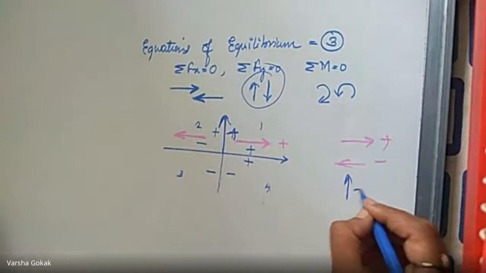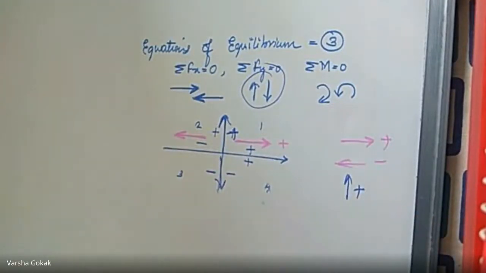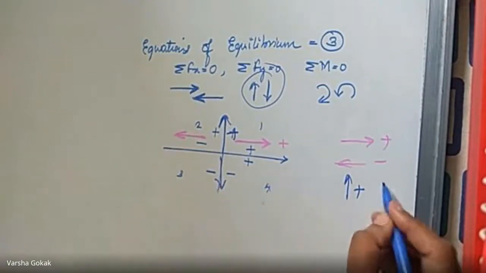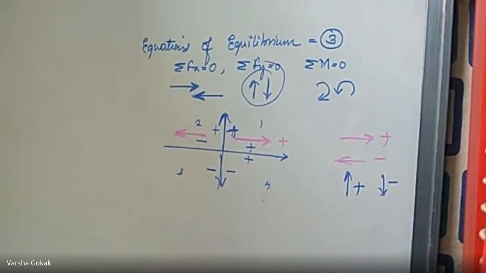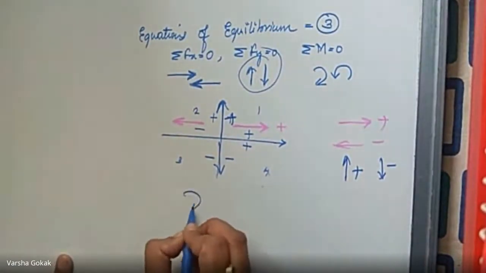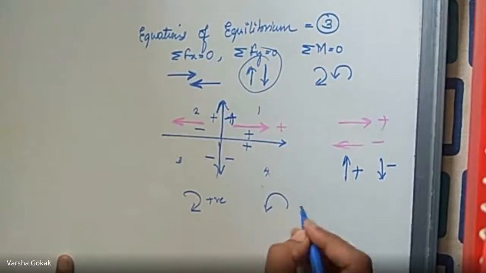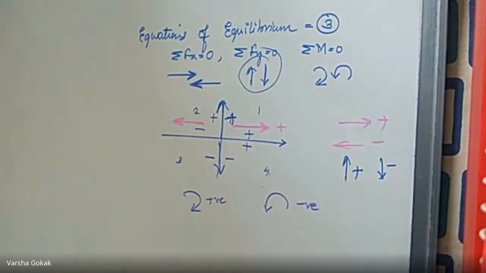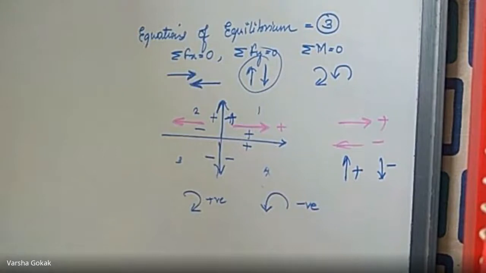So upward forces you take as positive, downward forces you take as negative. Coming to rotation, clockwise you take as positive, anti-clockwise as negative. Anti-clockwise is also sometimes called counter-clockwise.